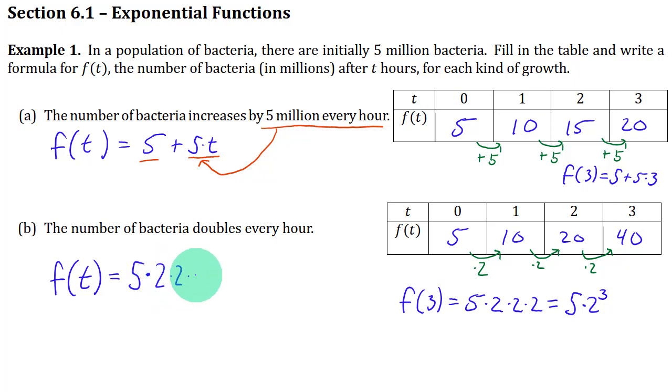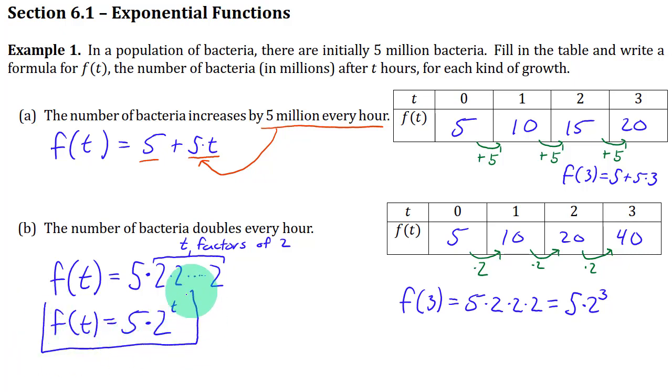So first I'm going to write it out with repeated multiplication this way, with t factors of 2, and then we can write that out as an exponent. That's what 5 times 2 to the power t means. So there's your formula for f of t.